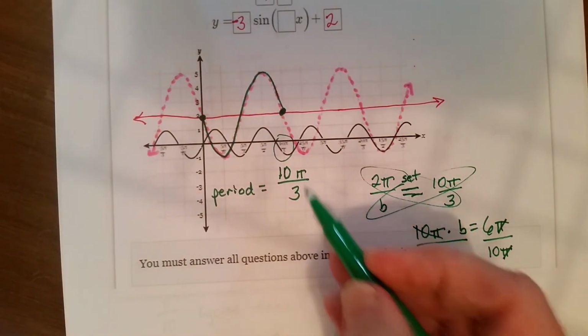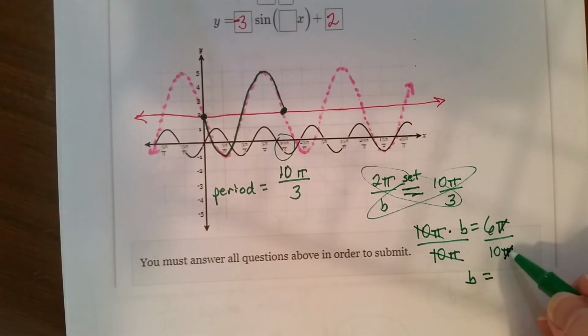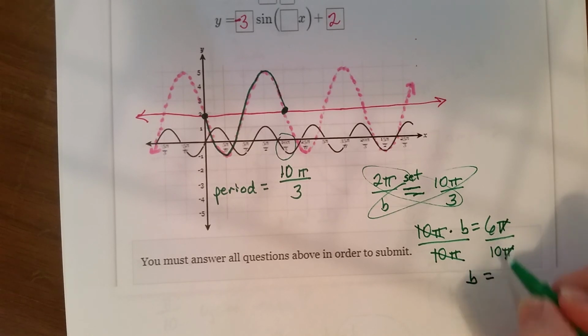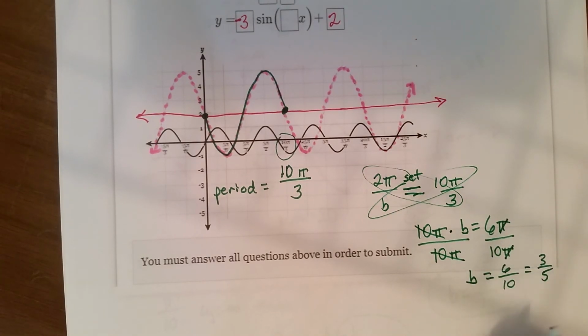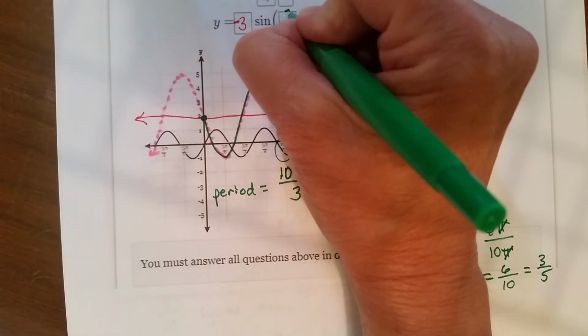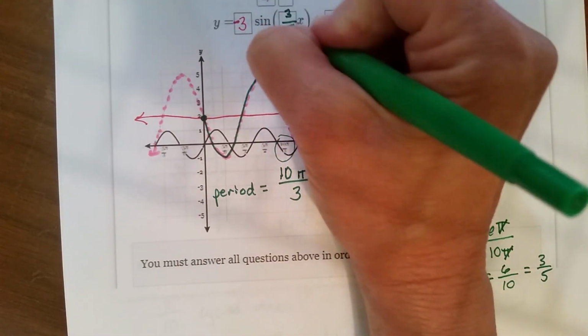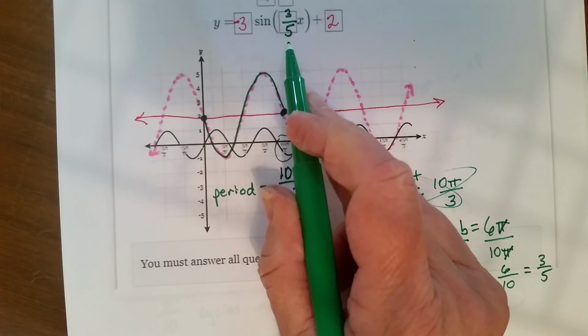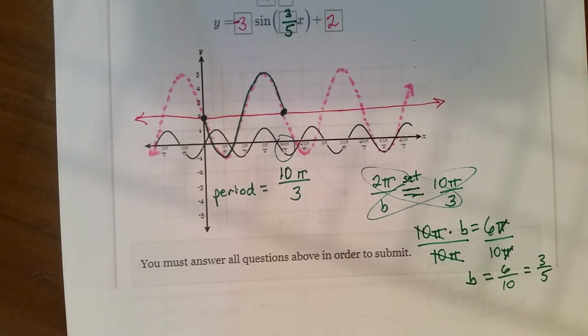Here our period is in terms of pi. The pi's cancel, so this is going to be 6 over 10, which reduces to 3/5. So 3/5 is what goes right there. That means we have 3/5 of a cycle from 0 to 2 pi.